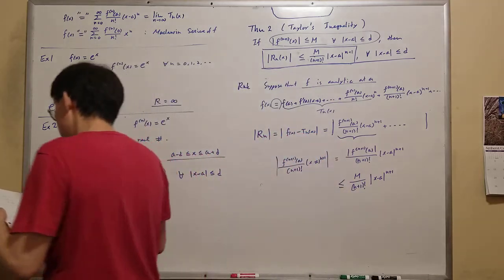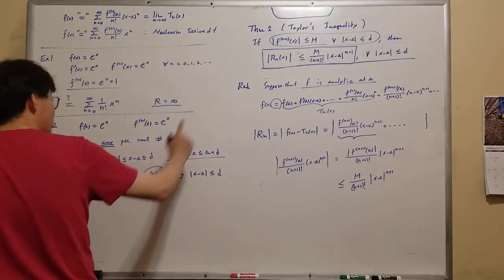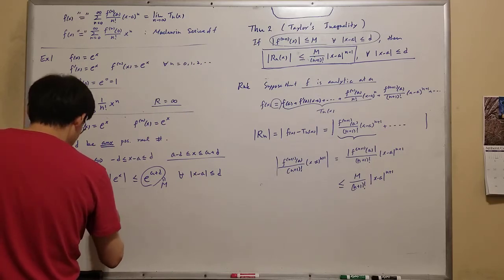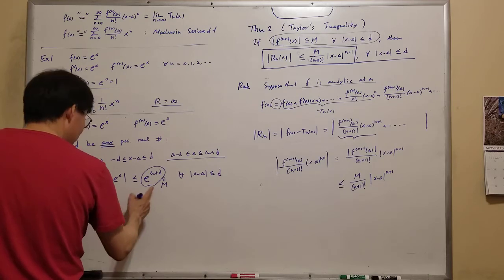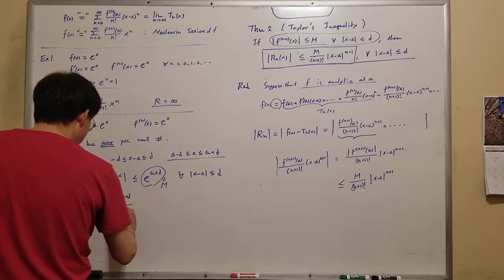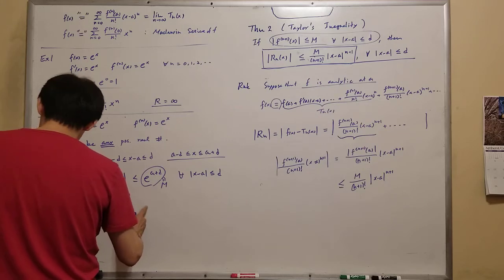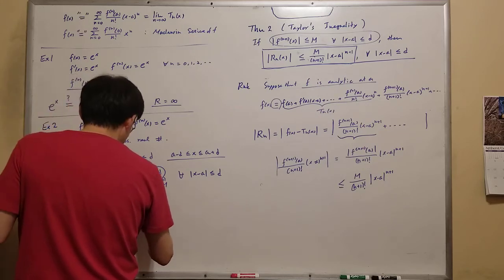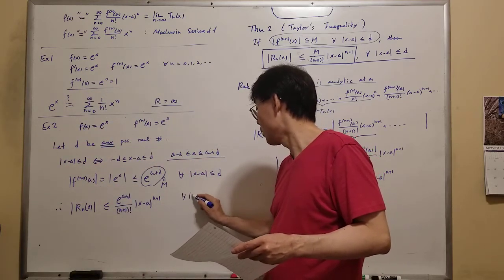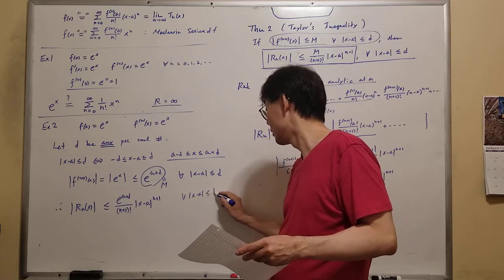So therefore, according to Taylor's inequality, the size of the nth remainder is less than or equal to M, e to the a plus d, over n plus 1 factorial, times absolute value of x minus a to the n plus 1, for all such x.